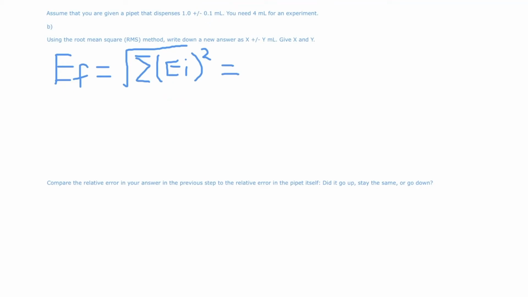So we know that we have to use that pipette 4 times to take 4 measurements for the 4 milliliters that we need in our experiment. So let's first start by writing our 0.1 in the place of EI. And then since we know that we take 4 measurements, then we'll have an 0.1 absolute error 4 times. We'll multiply this by 4 as we're summing up these errors according to our sigma notation here.